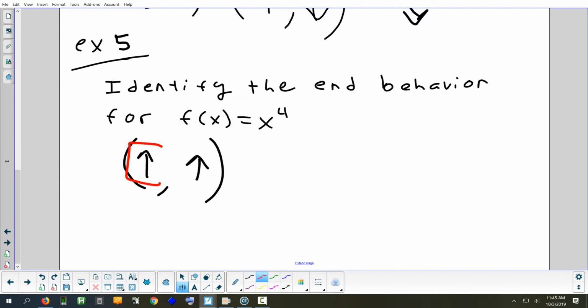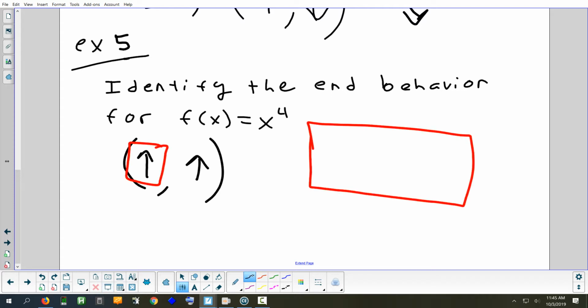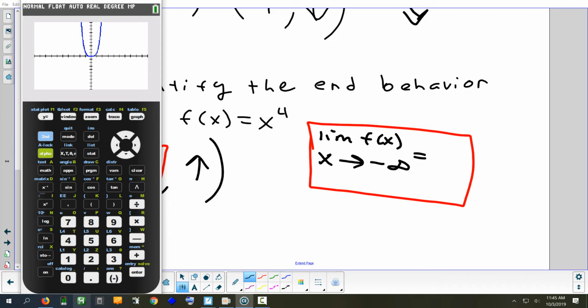Now, if I wanted to describe it the other way, I could say the limit, or basically what's happening to y as x heads towards negative infinity. What's happening to y as you head to the left in that graph? To infinity, yes.